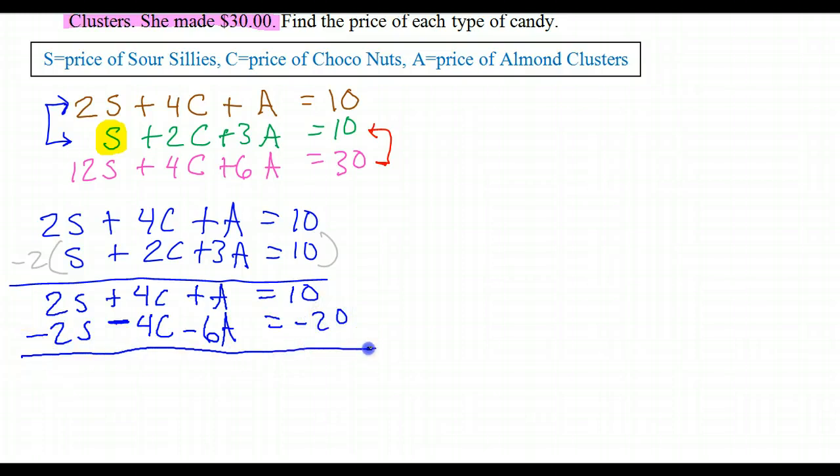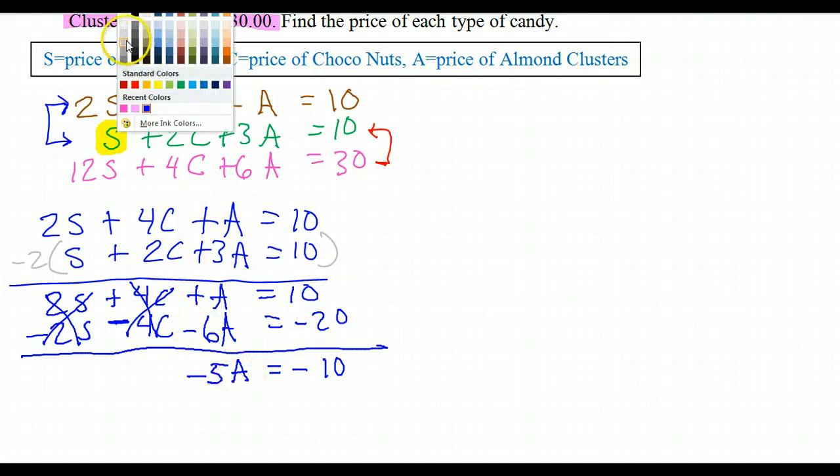So if I put this together, I get a bonus, because the S's cancel out. But it turns out the C's cancel out as well. I like it. So this is going to make -5A is equal to -10.